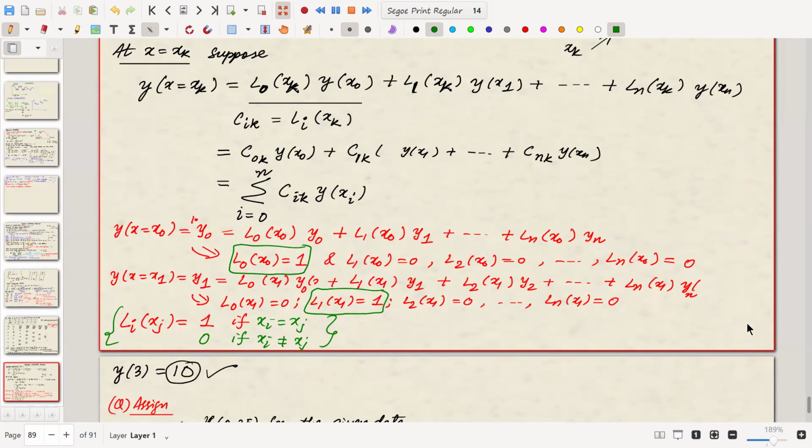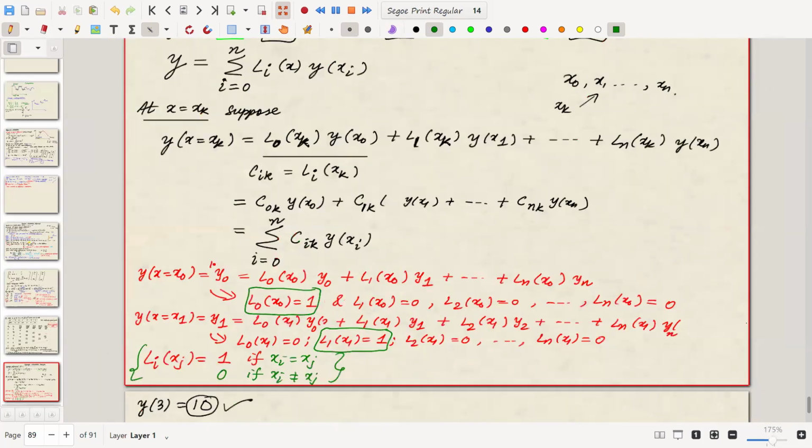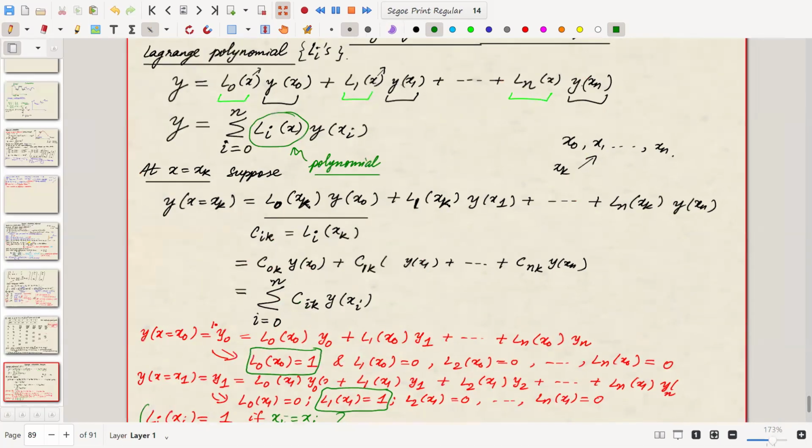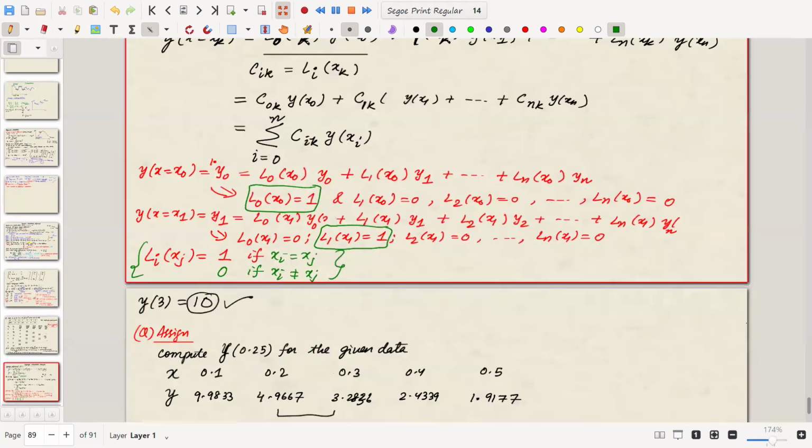Can you predict the form of Li? Li is a polynomial, right? Do you remember that Li was a polynomial? Li of x is a polynomial. So we have to find the expression of that polynomial, isn't it?